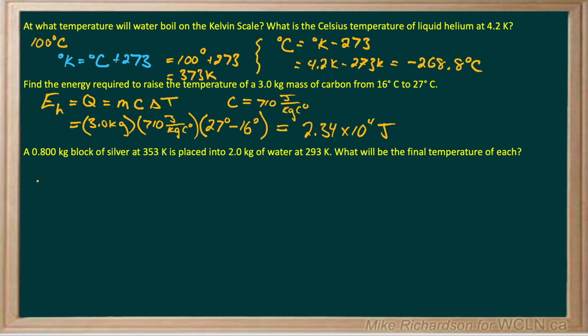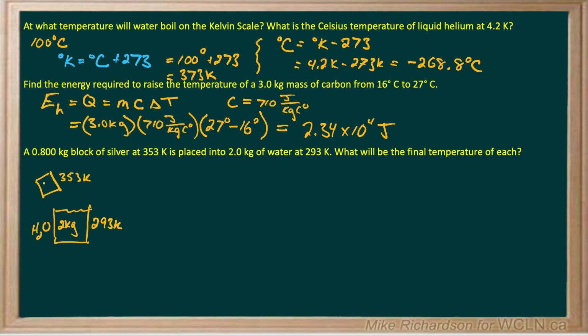Imagine a little block of silver like this that weighs 0.8 kilograms, and it's already at 353 Kelvin. And we're going to add it. Imagine I've got this big beaker full of water. And the beaker full of water, this is our H2O down here, is 2 kilograms. And it's initially at room temperature, which is 293 Kelvin.